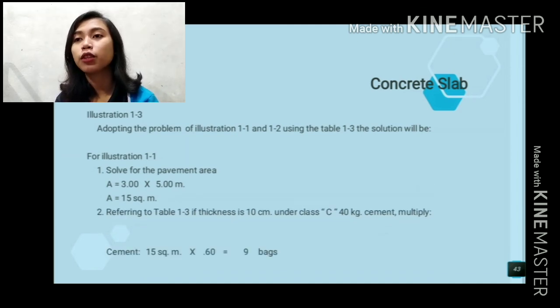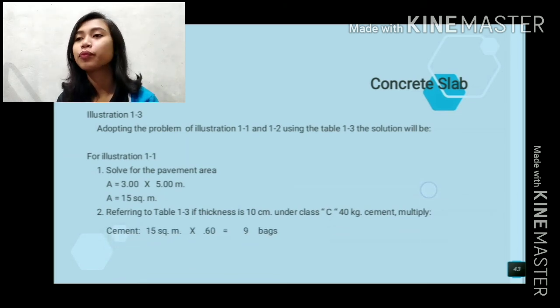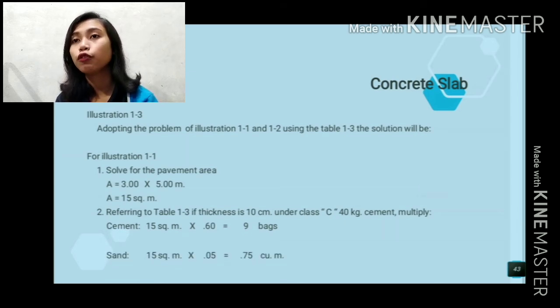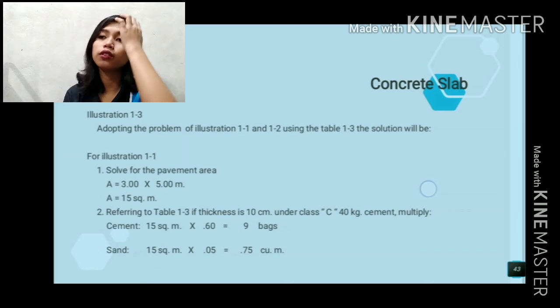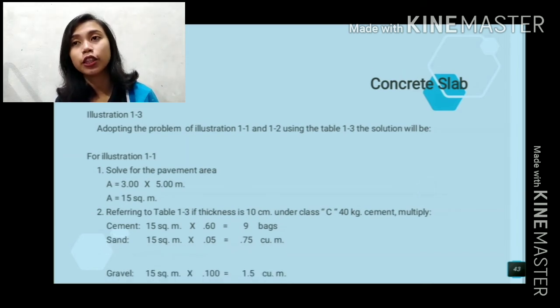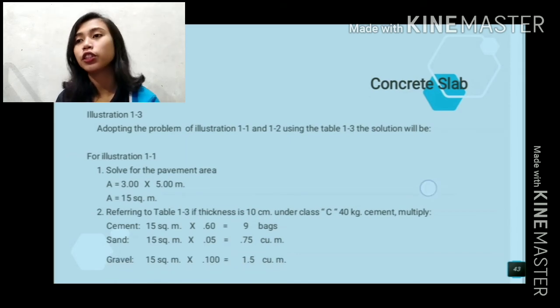It is a pavement with general dimensions of 4 inches thick, 3 meters wide, and 5 meters long. So number 1, for the pavement area, multiply 3 meters by 5 meters. So that is equal to 15 square meters.